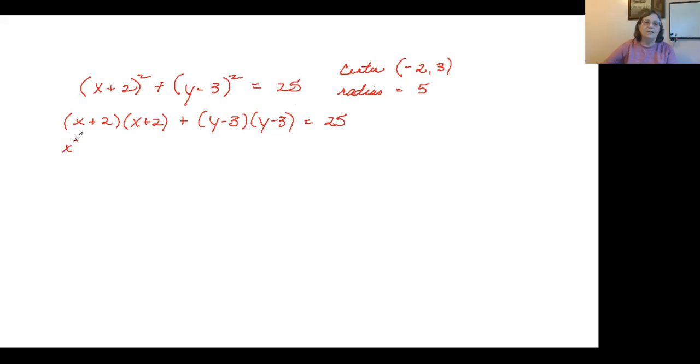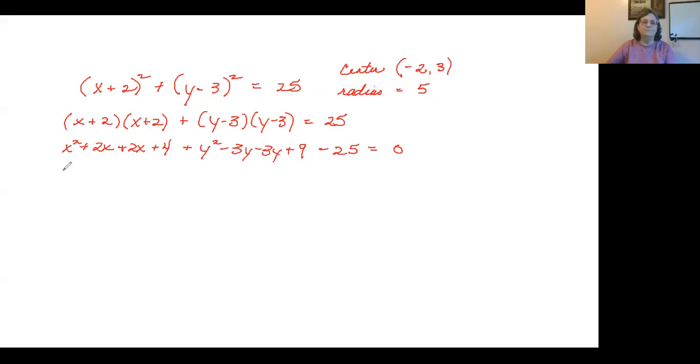This is going to be x squared plus 2x plus 2x plus 4 plus y squared minus 3y minus 3y plus 9. And I can bring this over by subtracting 25.